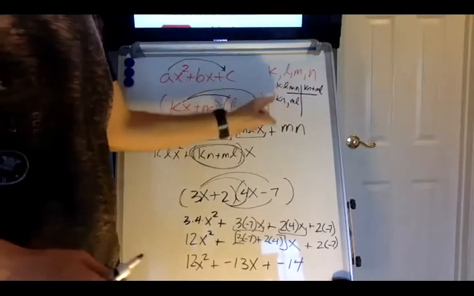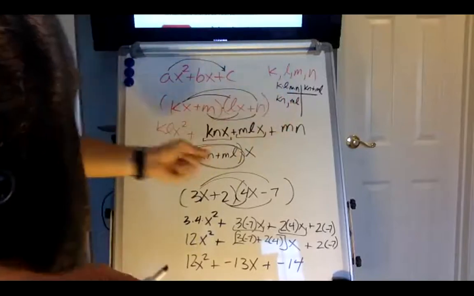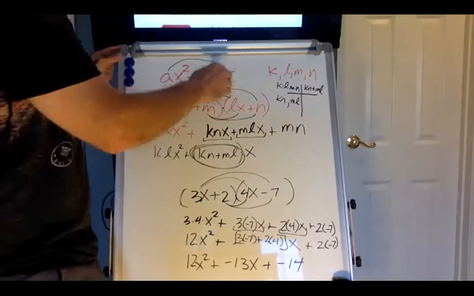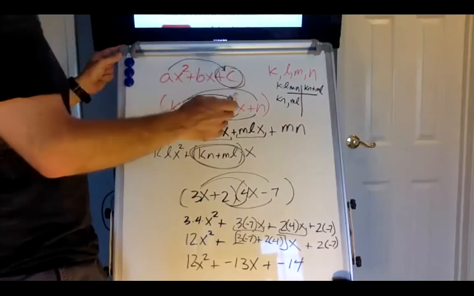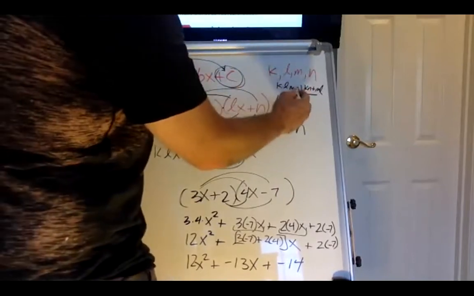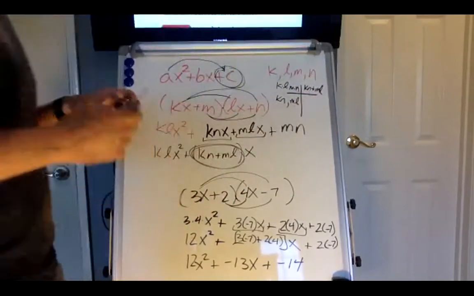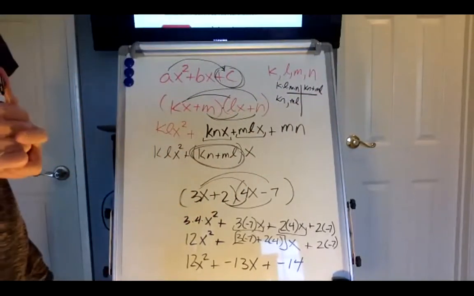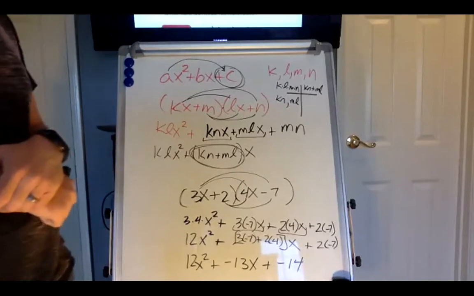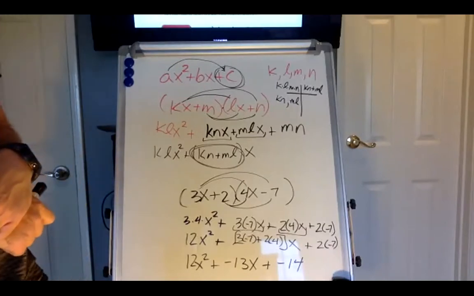So remember, you're trying to find two things that multiply. If you only use the C like we've been doing last chapter, you're only going to get the M and the N, and so you're not going to get what you need to add up to. Of course, in the last chapter, K and L were 1.